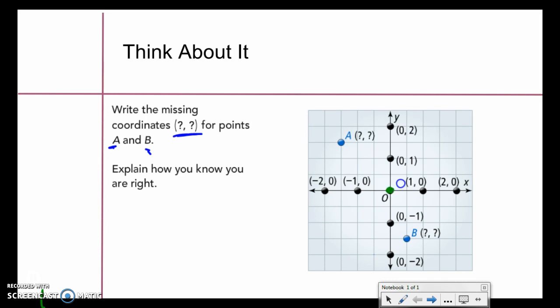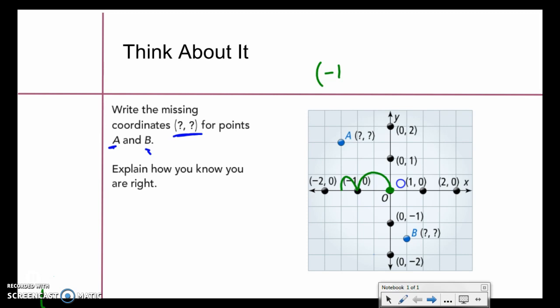Again, every time we're plotting coordinates on a coordinate plane, we need to start at the origin. So it looks like we passed the negative 1 when we're finding A, but we don't go all the way to 2. We go halfway between 1 and 2. So we know that negative 1 is going to be our whole number because we've gotten to negative 1.